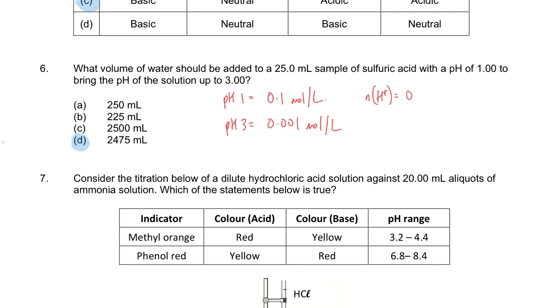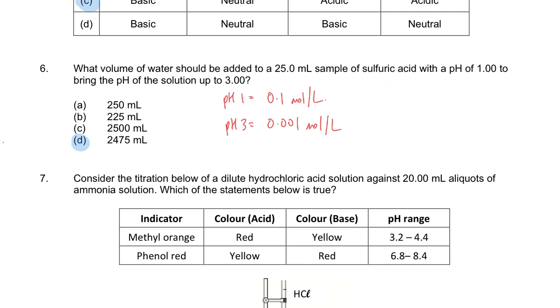The number of moles would be 0.1 times 0.025, which is 0.0025 moles. Then I have to work out what volume I need to get to the new concentration that I want, which is 0.001. So I would do V is equal to n on C.